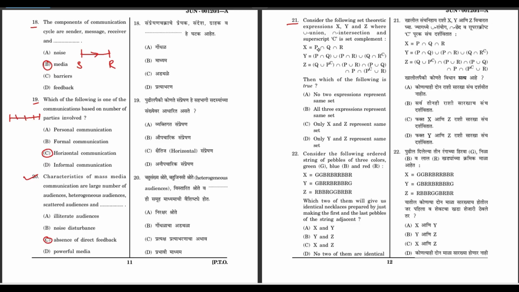X equals P intersection Q intersection R, Y equals (P intersection Q union P intersection R union Q intersection R) complement, Z equals Q union P complement intersection (P union R) intersection (P union Q) intersection P complement union R. Then which of the following is true?